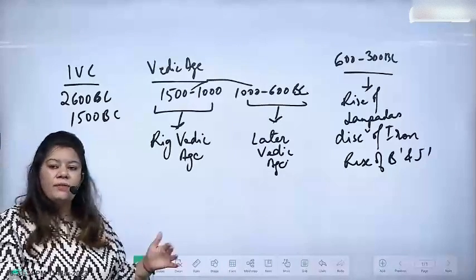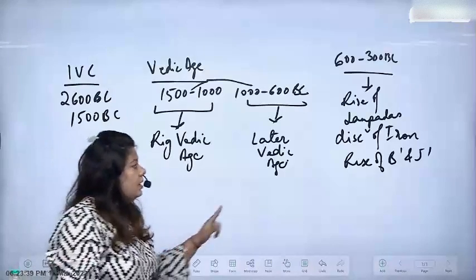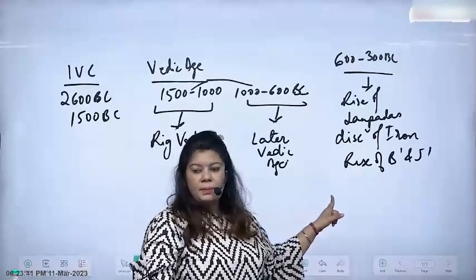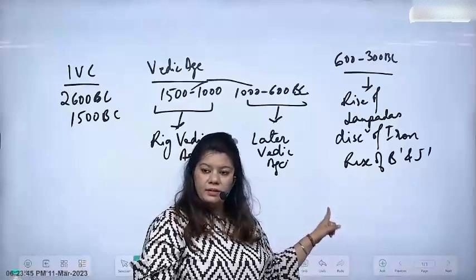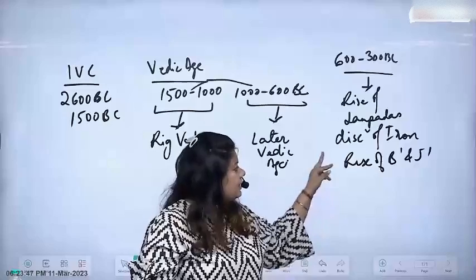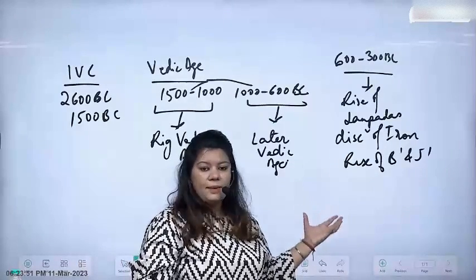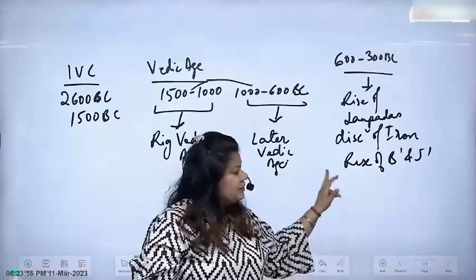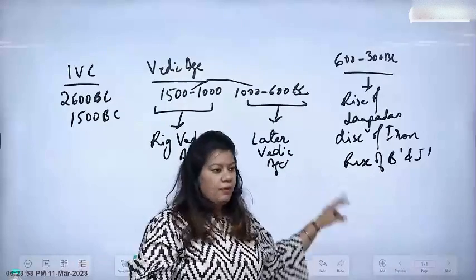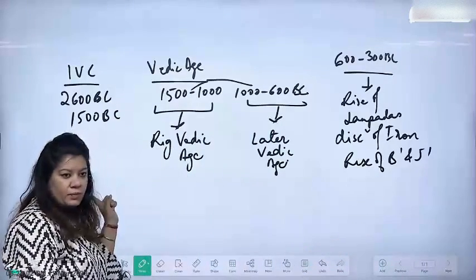The second wave of urban civilization, or urbanization, is marked by this phase. Why? What could be the reason? Because in the Janpads and Mahajanpad age, we see the establishment of state polity. Right? So this is considered to be the second wave of urbanization. This is the first wave of urbanization.